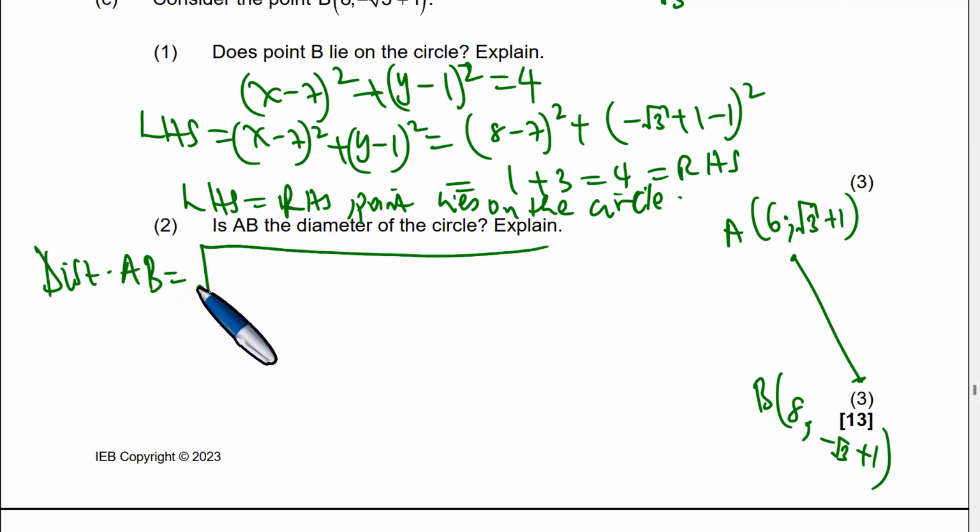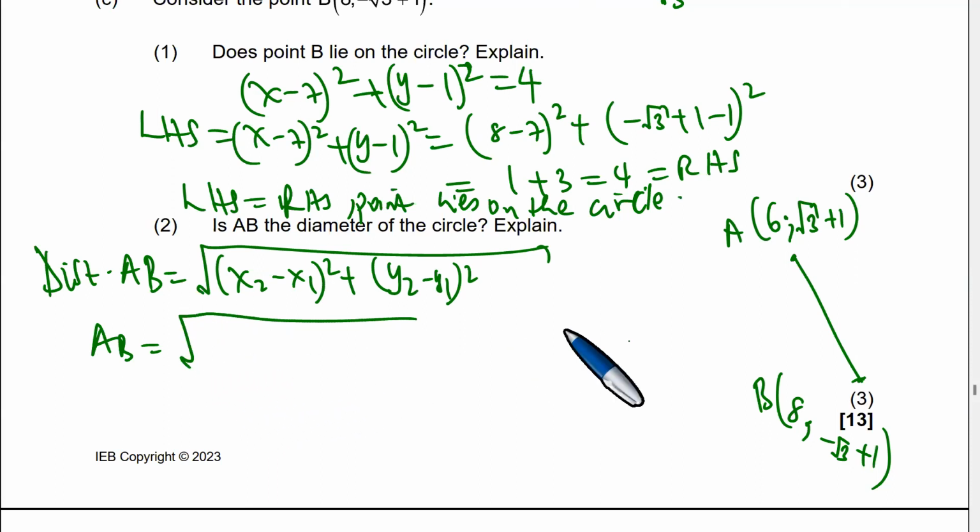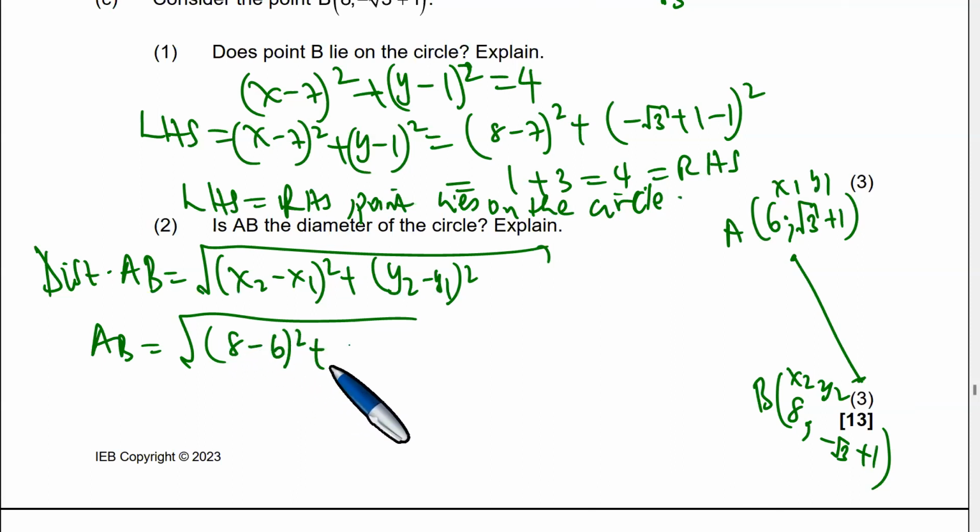So distance. So you have this, which is x2 minus x1 squared plus y2 minus y1 squared. So x1, y1, x2, y2. Right, so the x2 is 8 minus x1 6 squared.